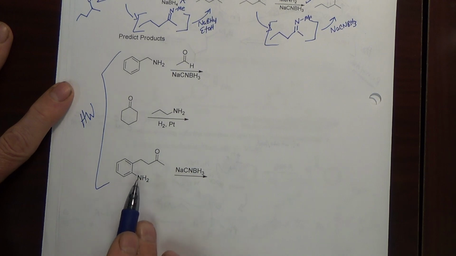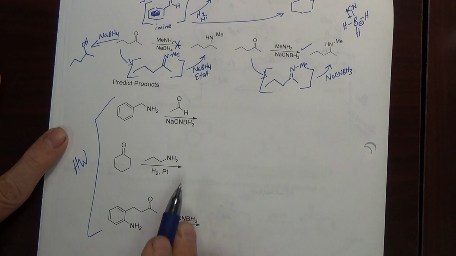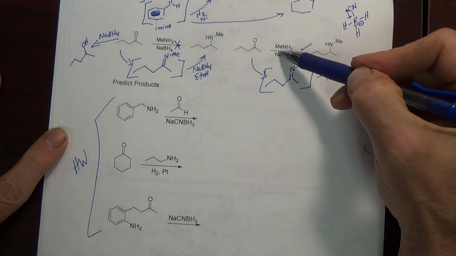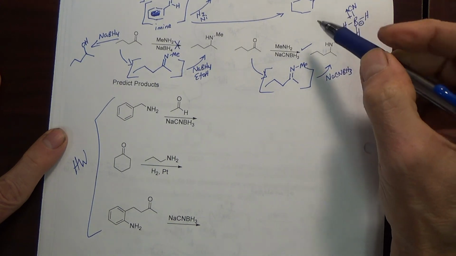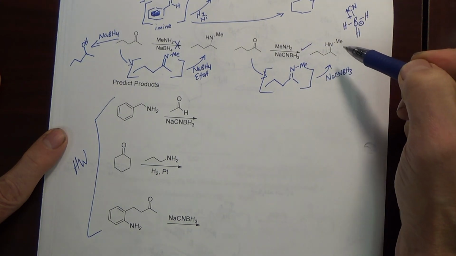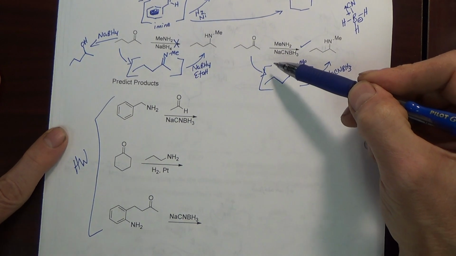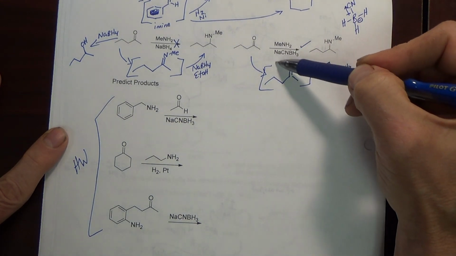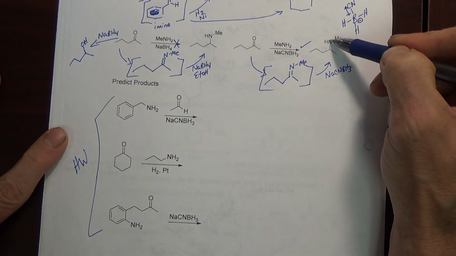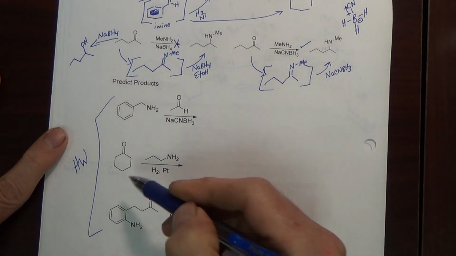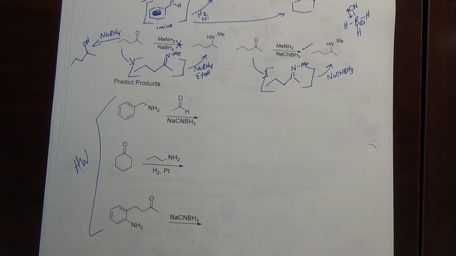It's going to be an intramolecular reaction. So sodium cyanoborohydride, its claim to fame is for use in a reductive amination sequence: reaction of an aldehyde or ketone with an amine, including the reducing agent, and the imine gets reduced to the amine. All right, some to try for practice there.